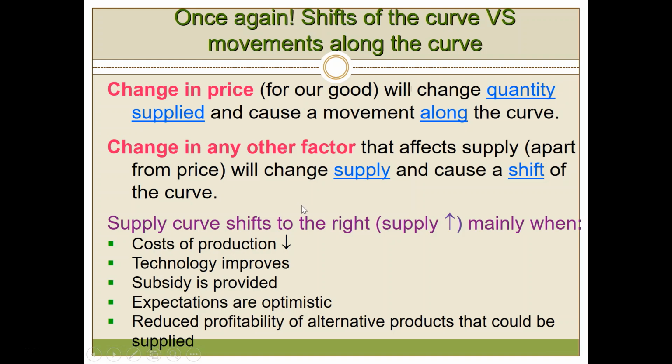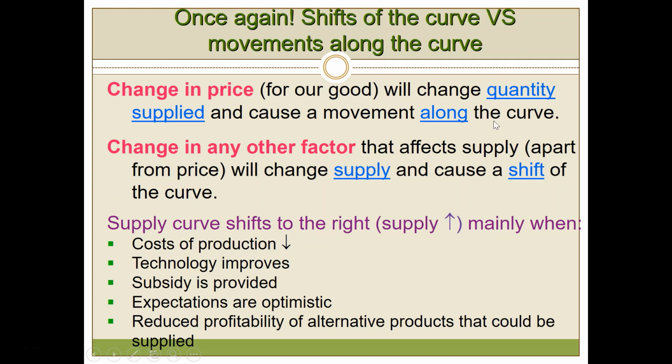So, summary: we need to distinguish differences in quantity supplied and supply itself. Changes in price for our particular product which we produce and sell to the market, apples or iPhones or beef or whatever, will change quantity supplied, and it will cause a movement along the same supply curve.